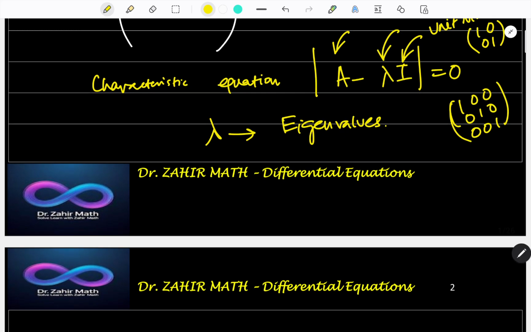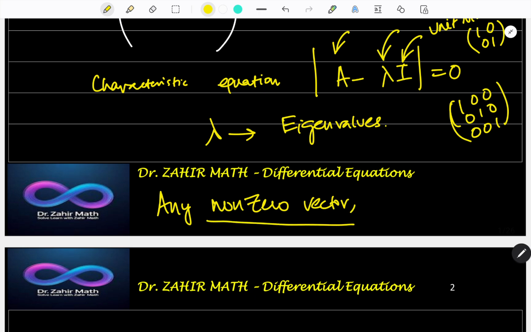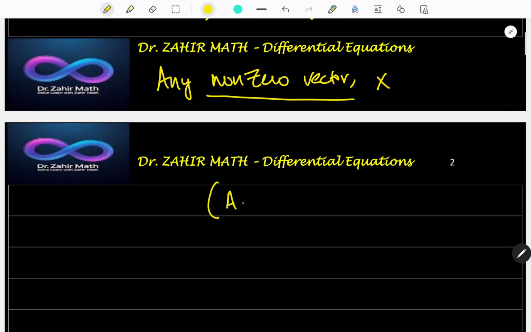What about eigenvectors? Any non-zero vector x, keep that in your mind, such that the matrix A minus lambda I times x is equal to 0, is called the eigenvector of A corresponding to each lambda.